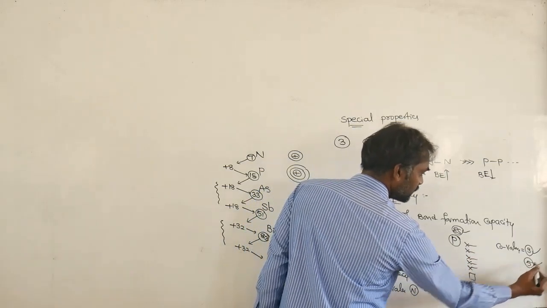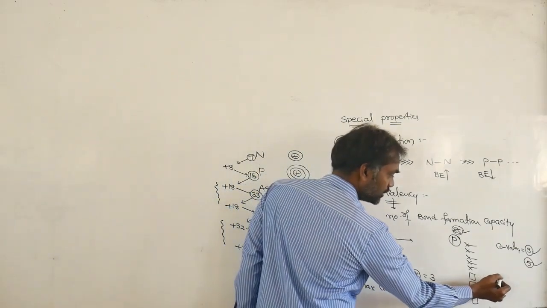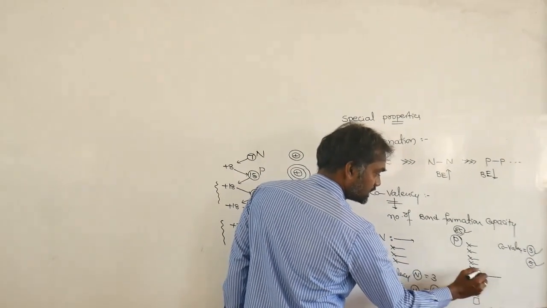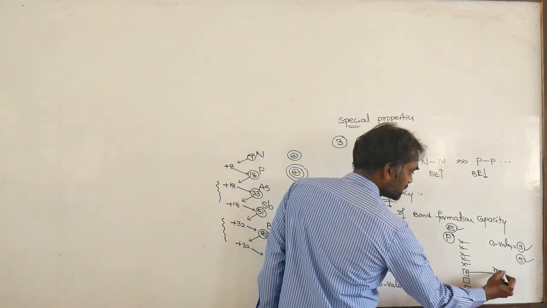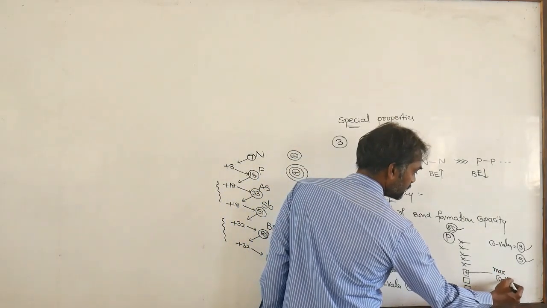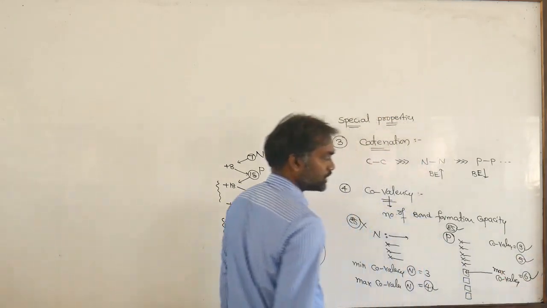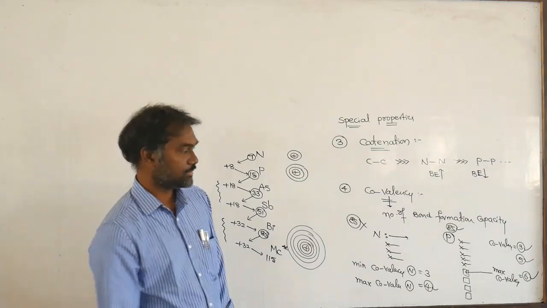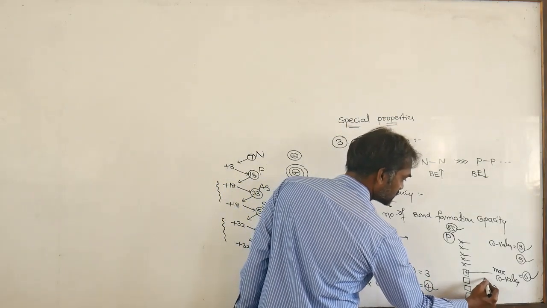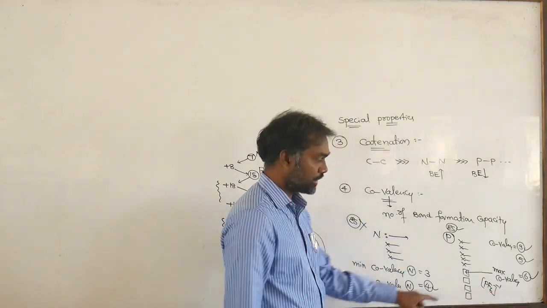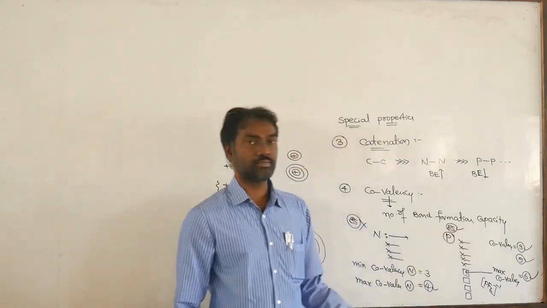Suppose a compound readily gives a pair of electrons; it is taken into the empty orbital. That is why a maximum covalency of 6 is also possible in phosphorus. For example, in PF6 minus, phosphorus is surrounded by 6 fluorines. That is the maximum covalency.